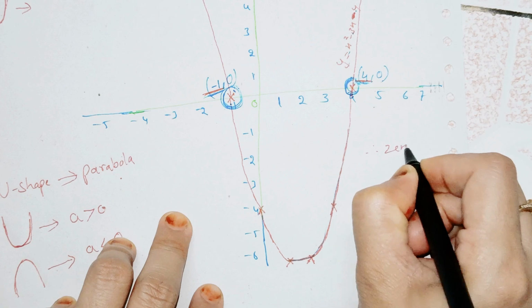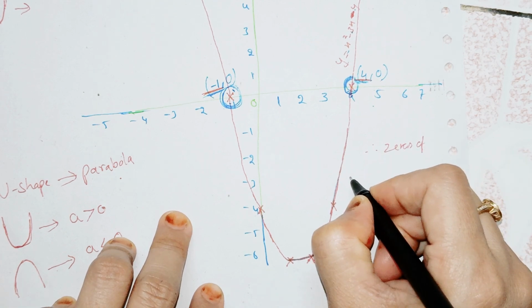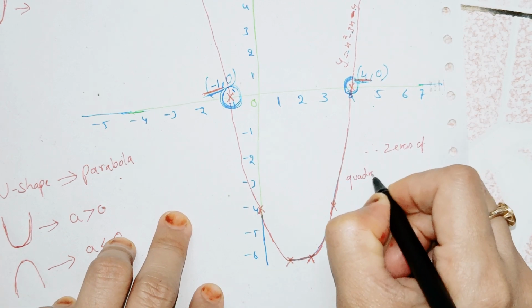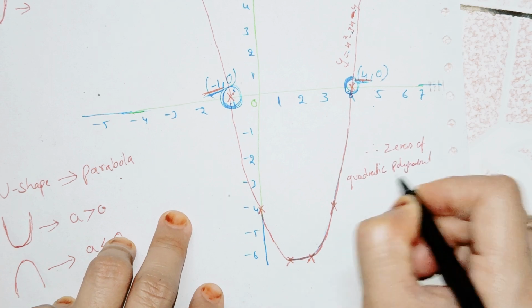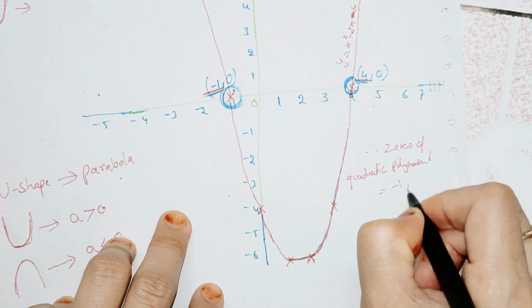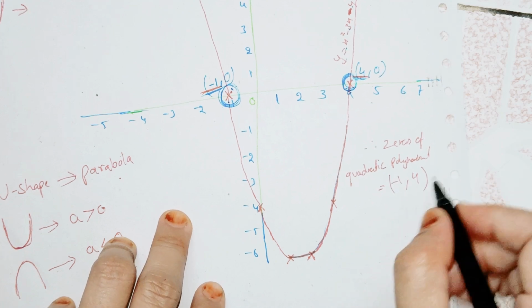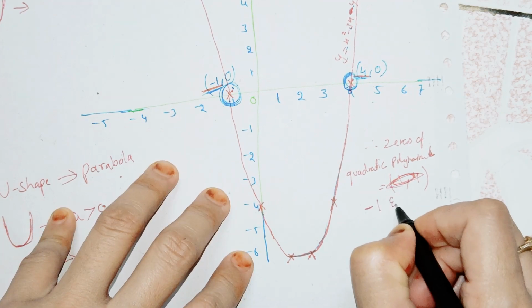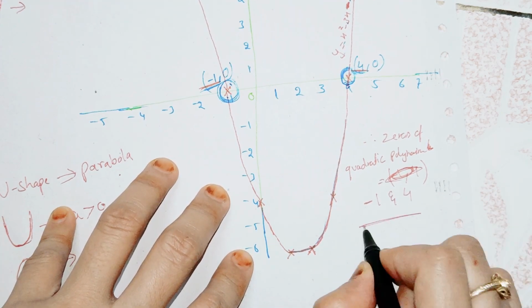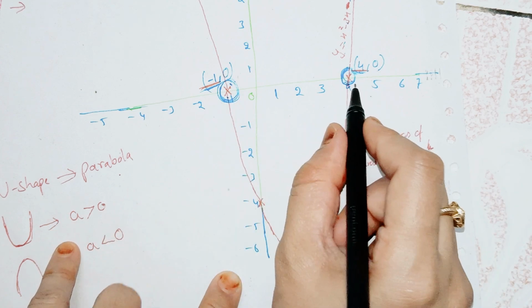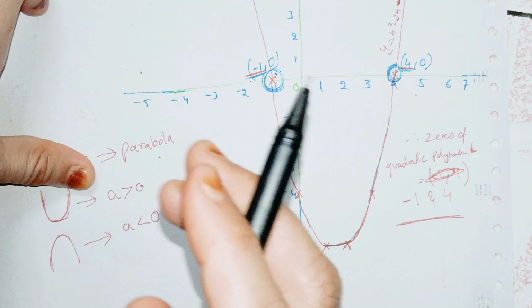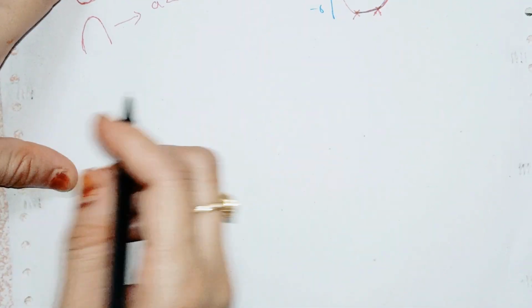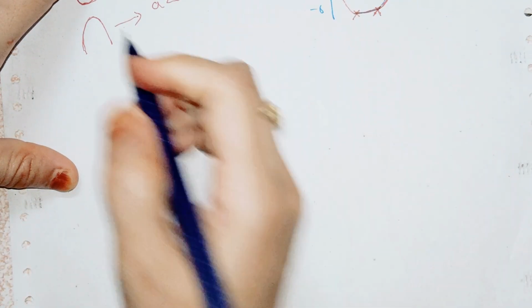Therefore, zeros of the quadratic polynomial are -1, 4. So -1 and 4, these two are the zeros of polynomial. If you have a doubt whether -1 and 4 is correct or not, you may cross check also. Okay, you may do the cross check, like let's check.